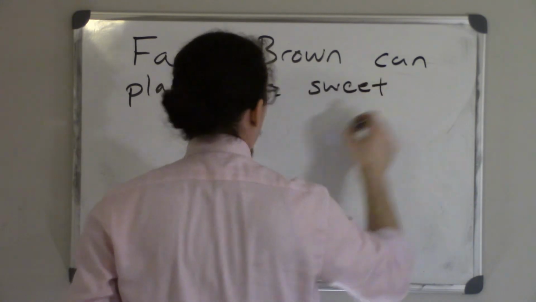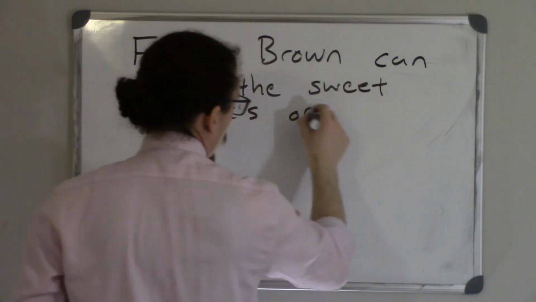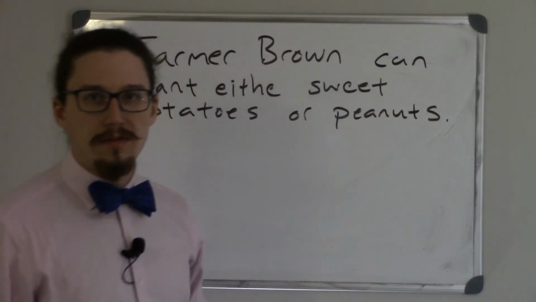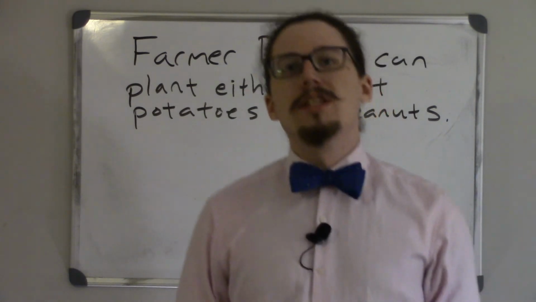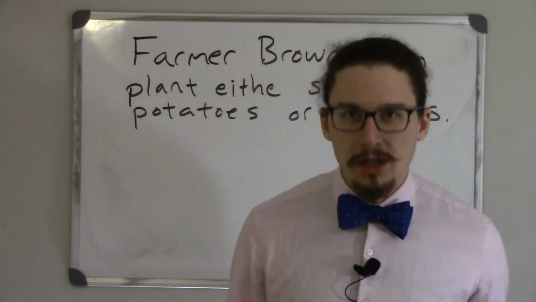And Farmer Brown can either plant sweet potatoes or peanuts in this field. All right, for simplicity's sake, let's just assume that the costs of doing either option are equal.